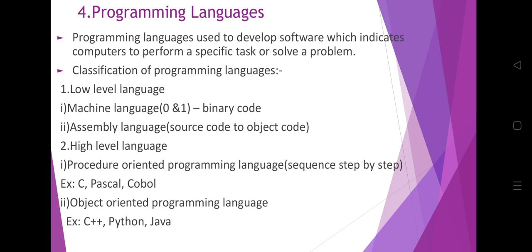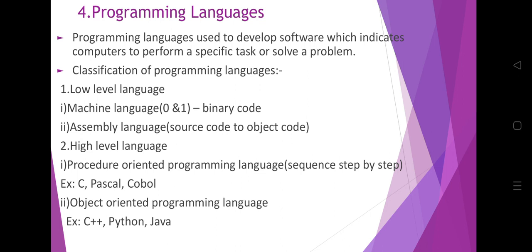As we have learnt algorithms, based on the algorithms we can do the coding part, that is, programming in C, Python, Java, etc. But before starting the main coding languages, you need to know their classification first. Initially, the classification of programming languages is low level language and high level language.